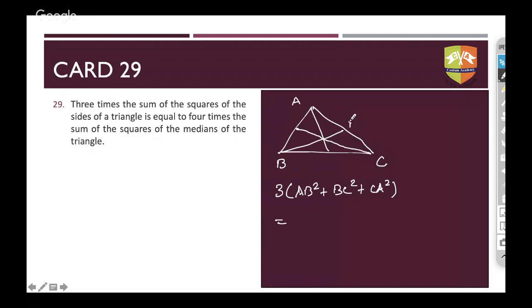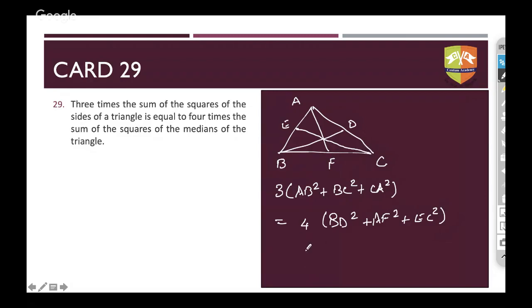It is equal to 4 times BD square plus AF square plus EC square.